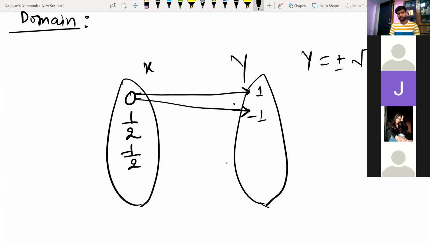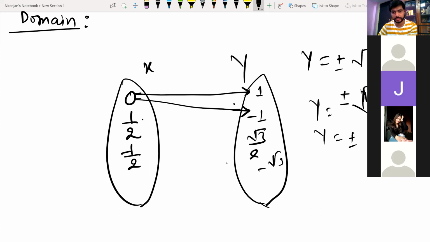It's not unique. Now, if you put 1 by 2 here, you will get 1 minus 1 by 4. Yes, plus minus y equal to plus minus root 3 by 2. Now, root 3 by 2 and minus root 3 by 2. Dipanshi asked this question.